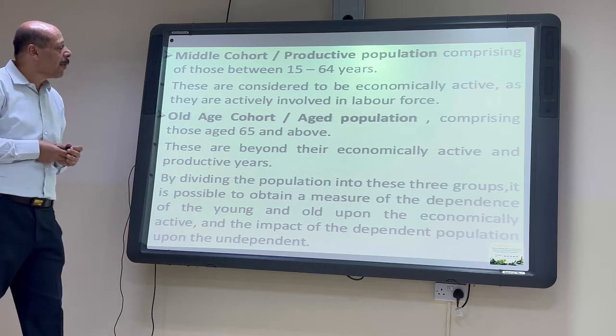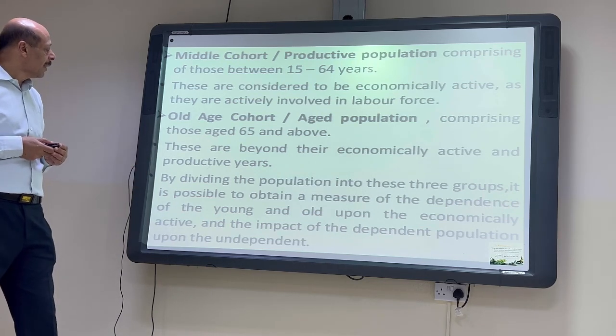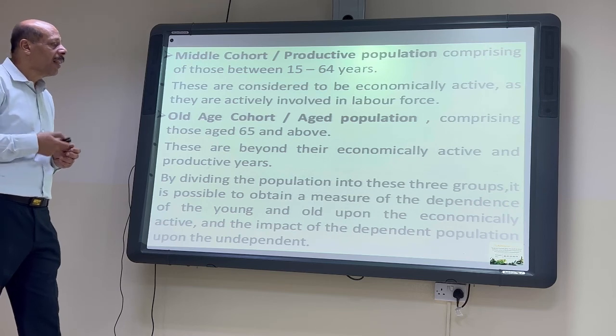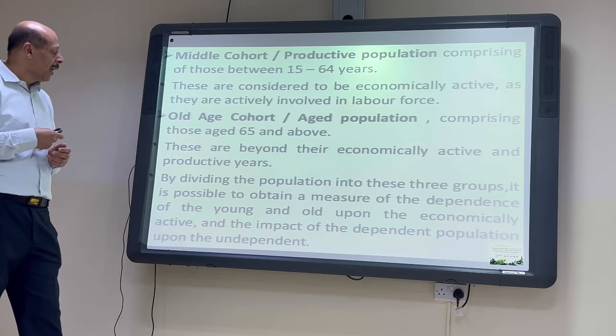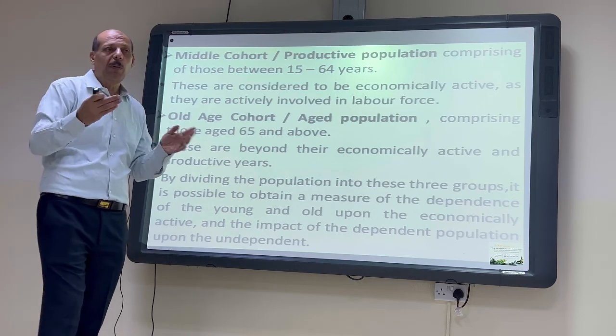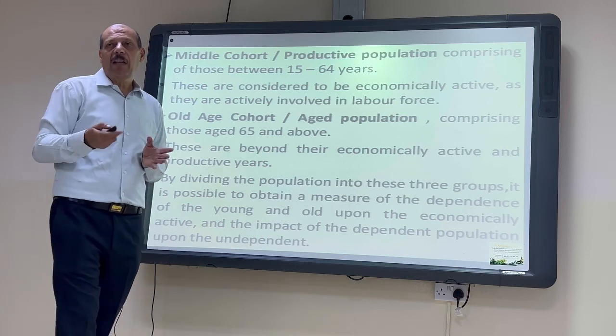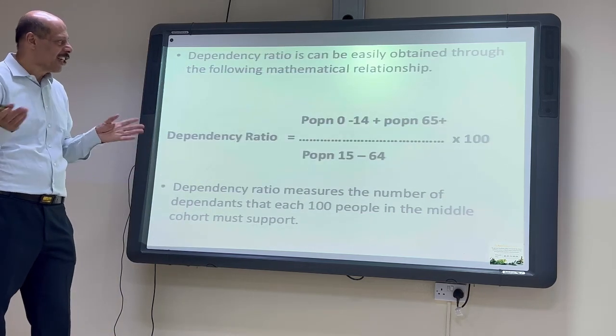By dividing the population into those three groups, it is possible to obtain a measure of dependency of the younger and older upon the economically active part of the population. So we will be able to find out the dependency rate in each country.